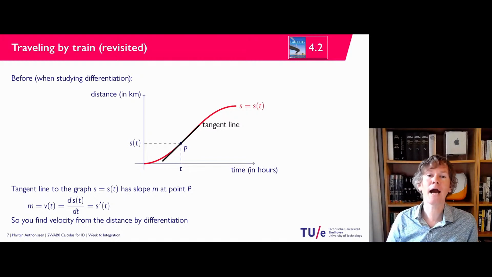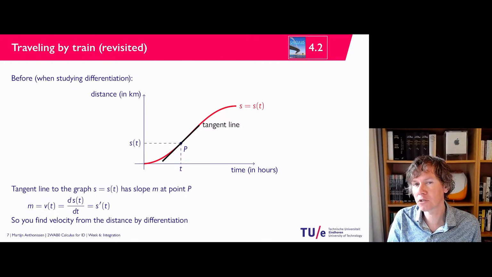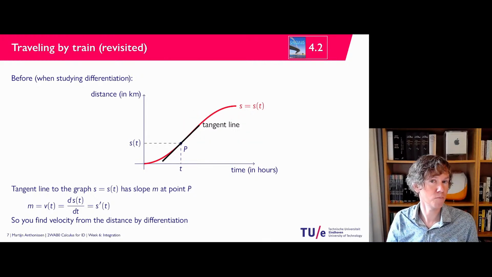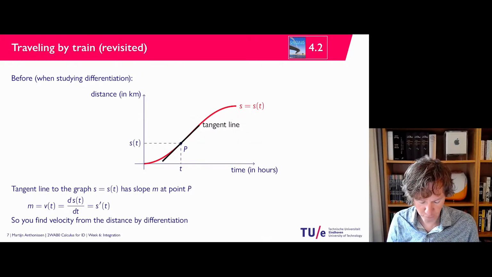And we have seen how you could compute the velocity at a certain moment in time by computing the slope of the tangent line. So that's basically what we covered last week, talking about differentiation.